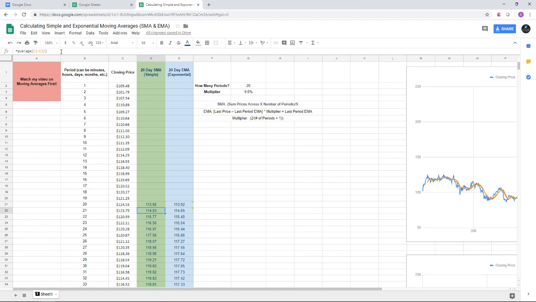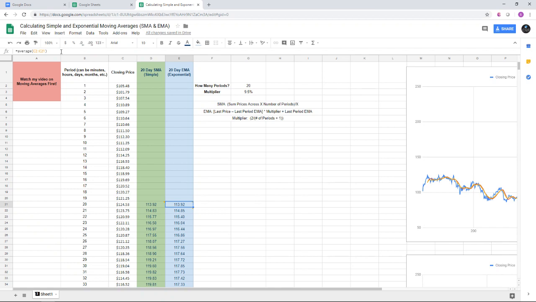So you roll off the data point on the back end, and you add one more data point on the front end. So that kind of gives you the idea of the criticism that the most recent data point is only in one SMA, but when you go back further and further, the data point from 20 days ago is actually in 20 different SMAs.